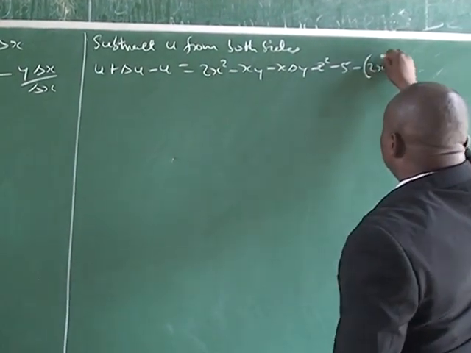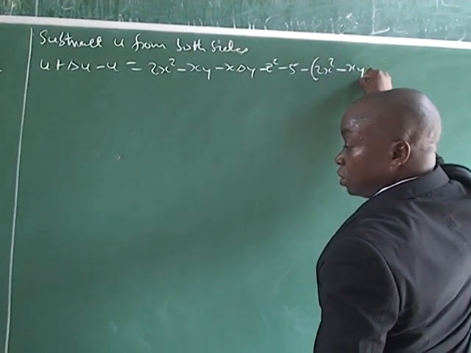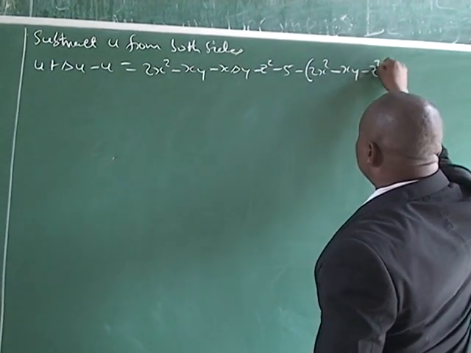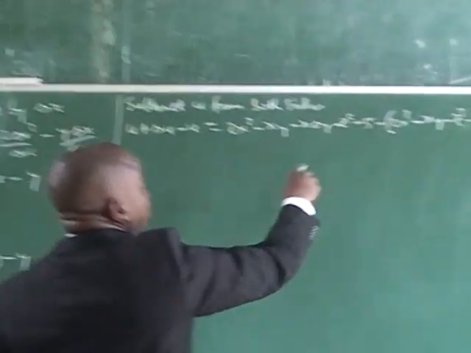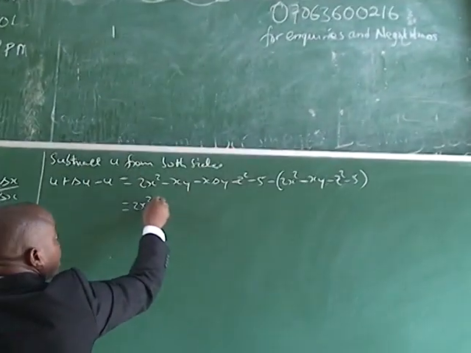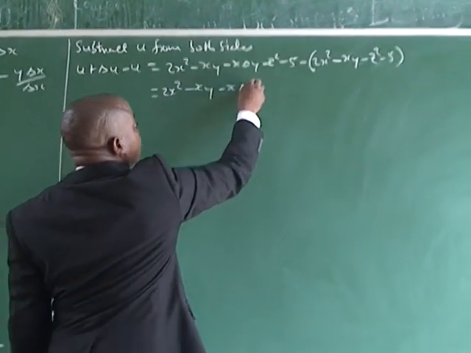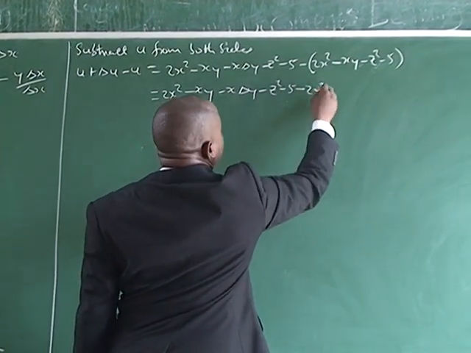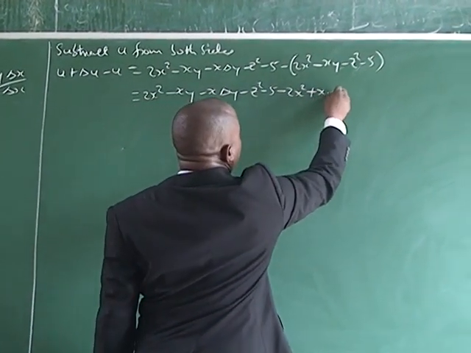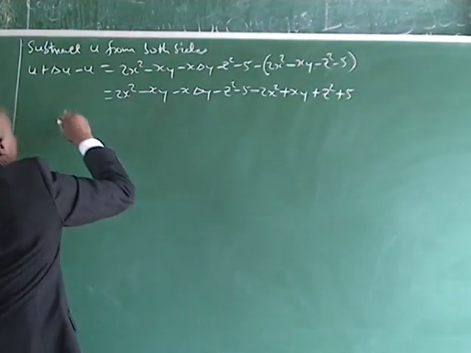U is x squared minus xy minus z squared minus 5. So that means we will have x squared minus xy minus x change in y minus z squared minus 5 minus x squared plus xy plus z squared plus 5.